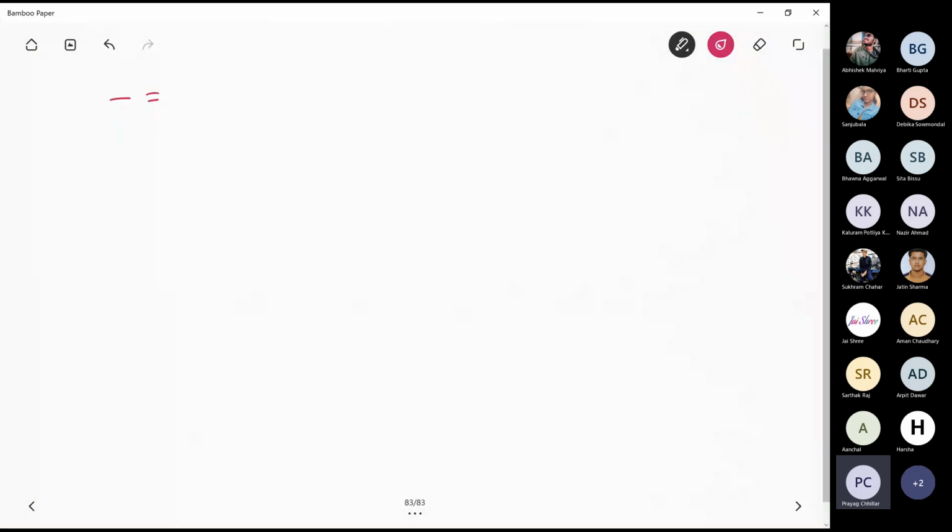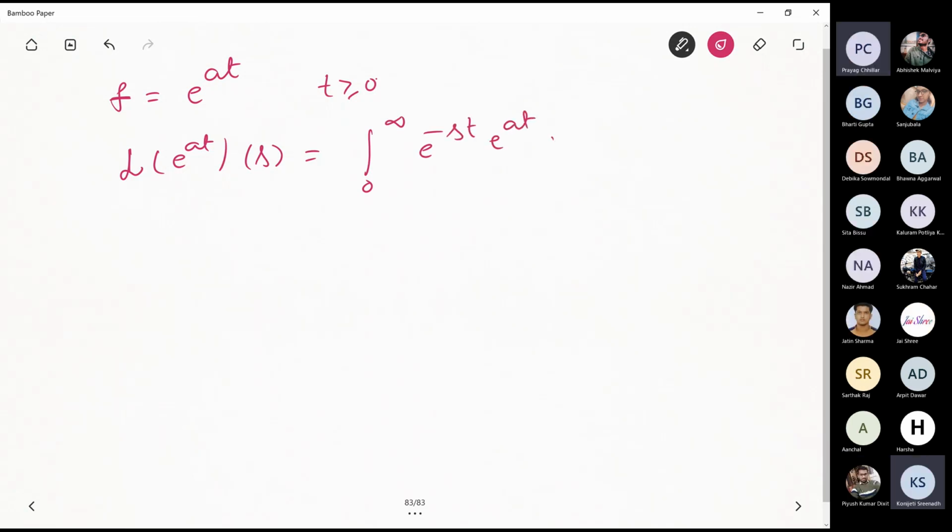Let me take another function, f equals exponential of at for t greater than or equal to 0. Then L of e to the power at is going to be a function of s. So this is going to be the integral of e to the power minus (s minus a)t dt.